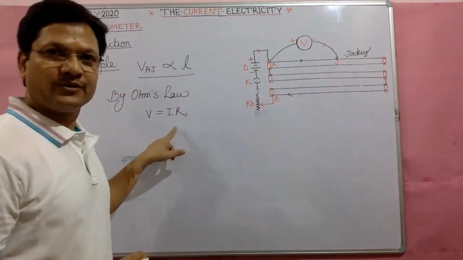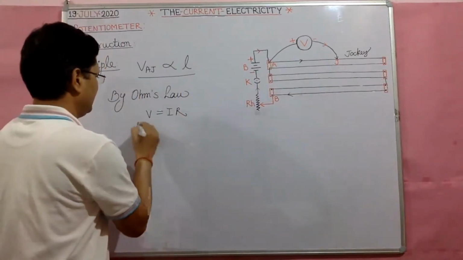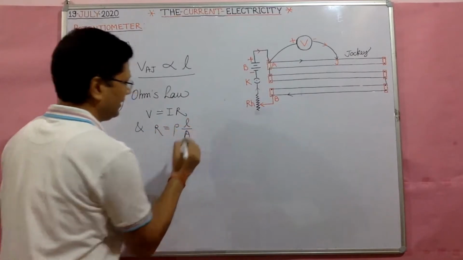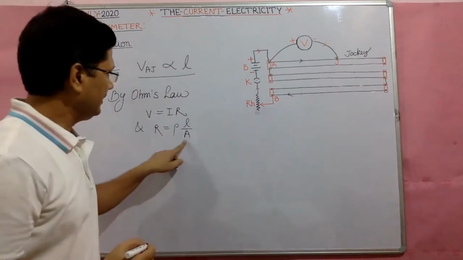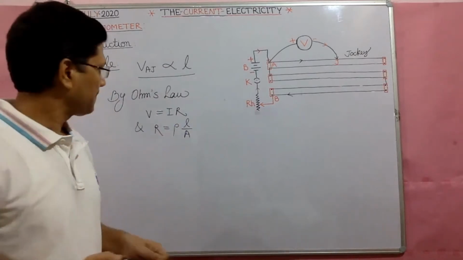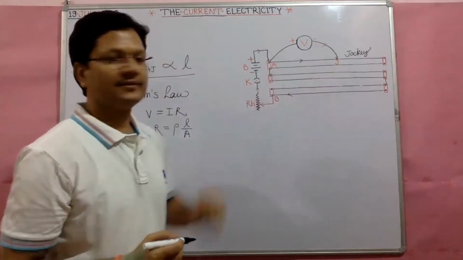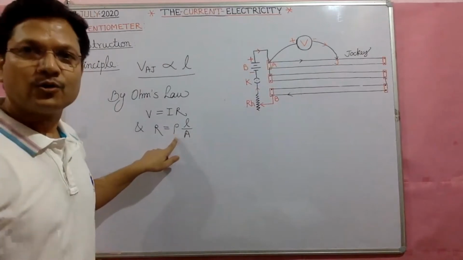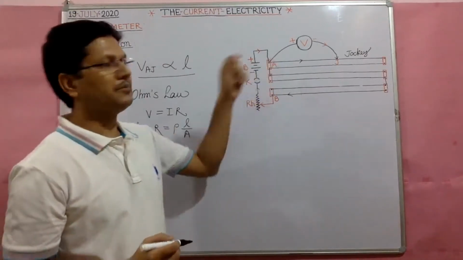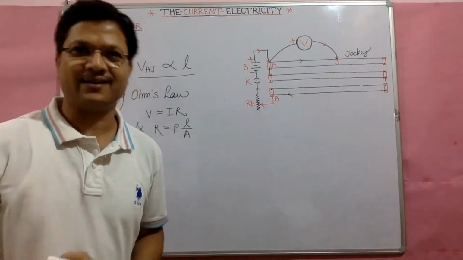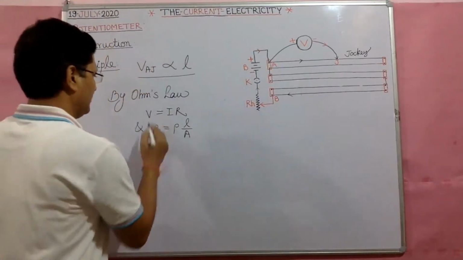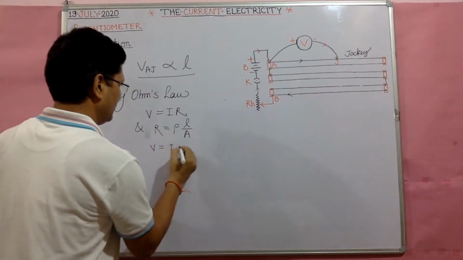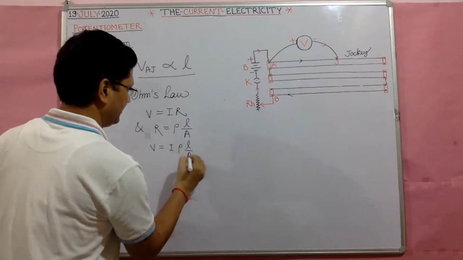You know R is equal to rho L upon A, where A is the area of cross section of the wire, L is the length under consideration, and rho is the resistivity of the material of the potentiometer wire. Clear? Therefore, V is equal to I rho L upon A.